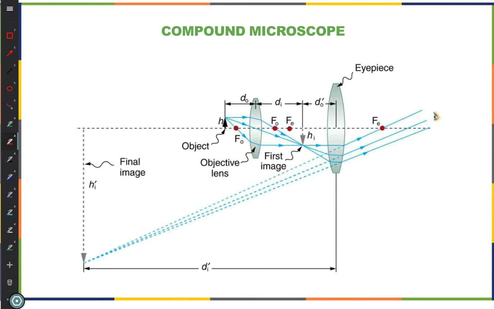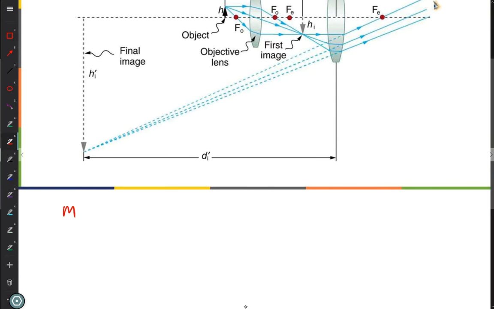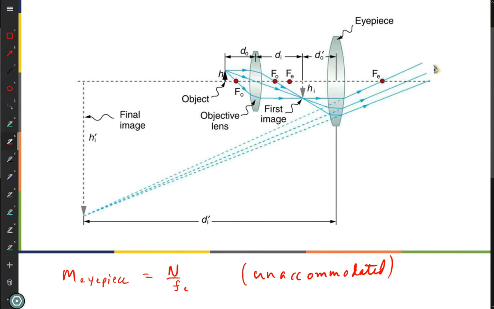So we break our magnification equation up into two pieces. We have magnification of the eyepiece is equal to, and if it's unaccommodated, it's going to be the same as what we saw in our previous work. Now notice this picture has a distance image prime.